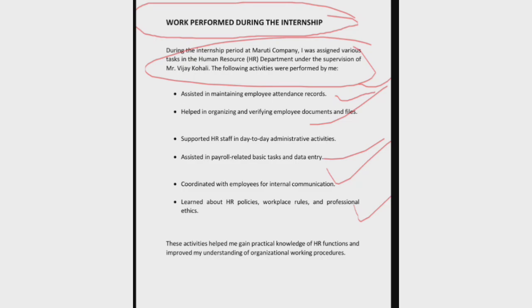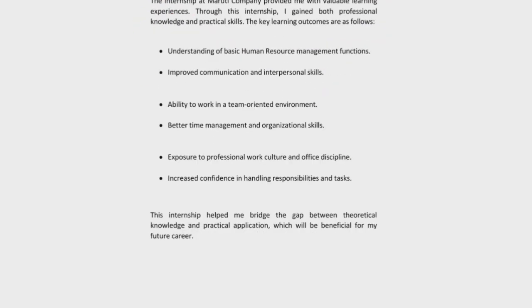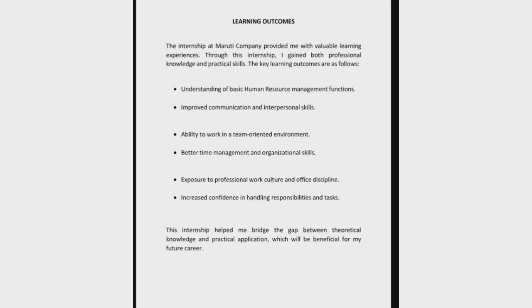Okay, the next part is that in this section you explain what you learned in your internship. For example, improved communication skills, improved teamwork ability, time management, professional behavior, confidence development. This is also your personal growth.